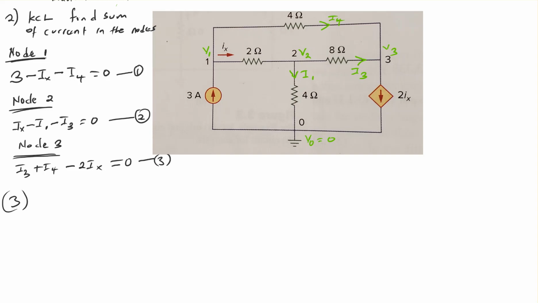So if you look at Ix, Ix is flowing from node 1 to node 2, from a higher potential to a lower potential. So the voltage drop here will be V1 minus V2.